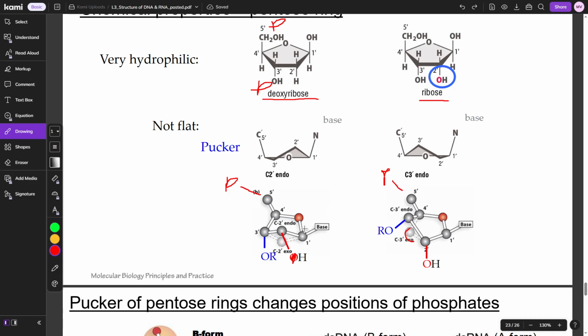The main thing to keep in mind here is that these different pucker forms arise as a result of charge repulsion. We need to make sure that our molecules and structures are stable, and electrons and like charges repel each other.